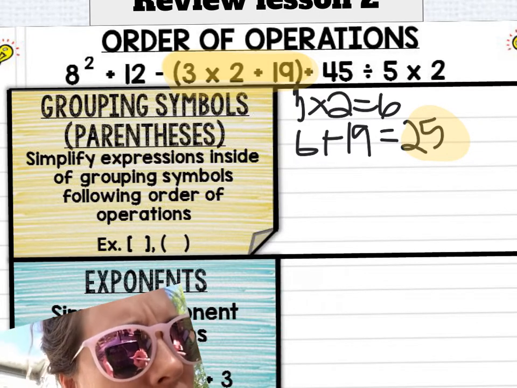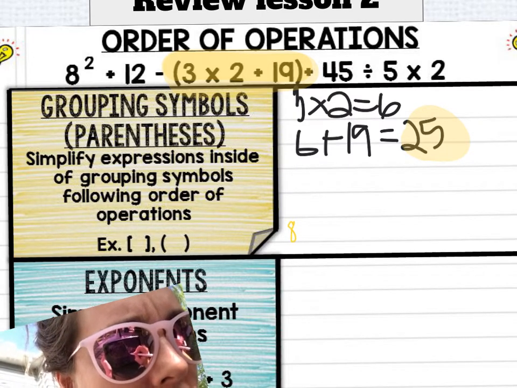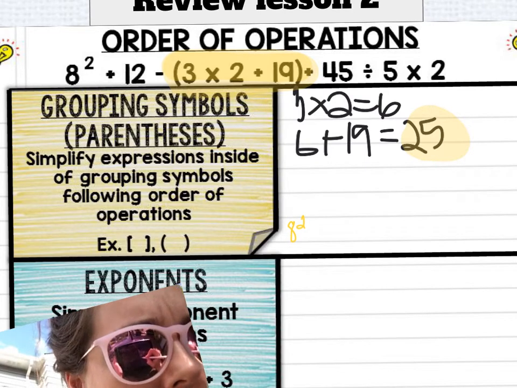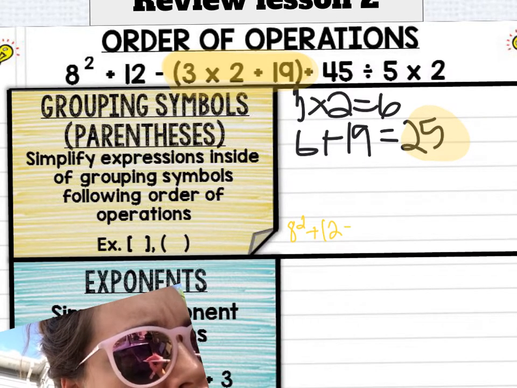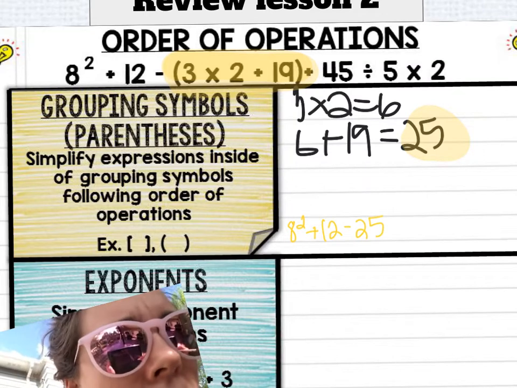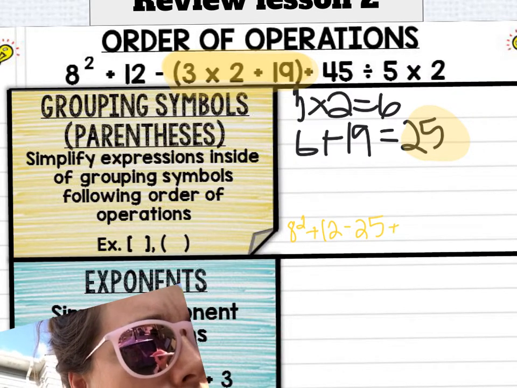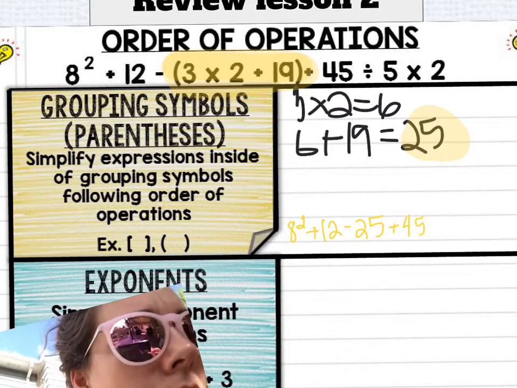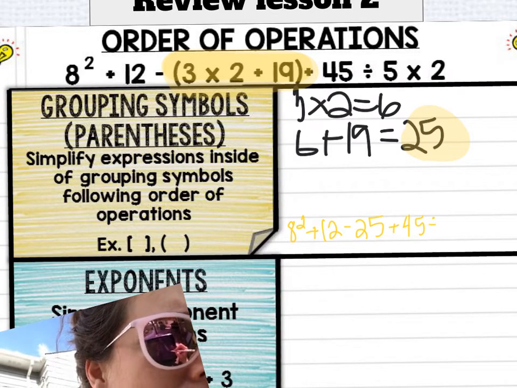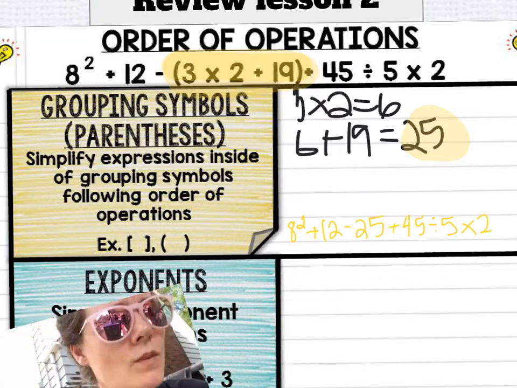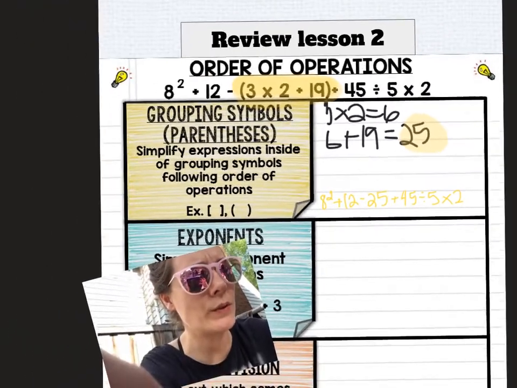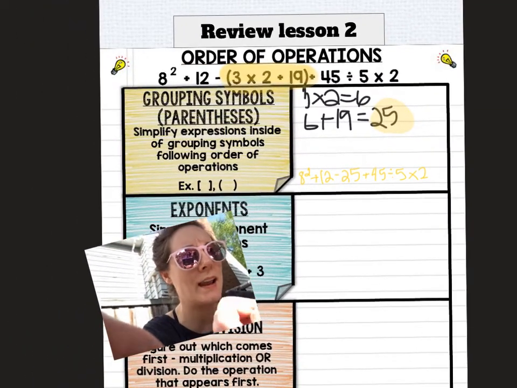So I have 8 squared plus 12 minus 25 plus 45 divided by 5 times 2.